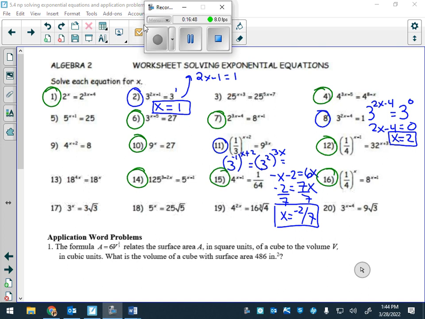X equals 8. How many of you did get that? Good. We had to rewrite 27 as 3 to what power? The third. So you have x minus 5 equals 3.